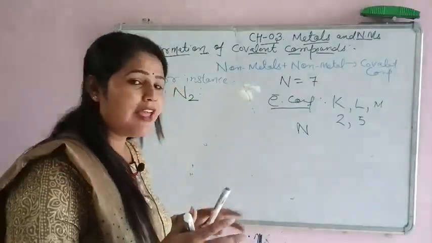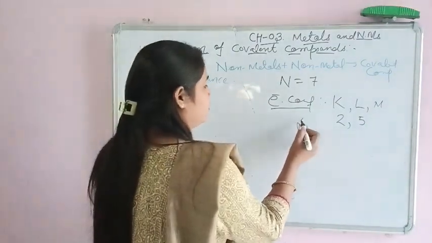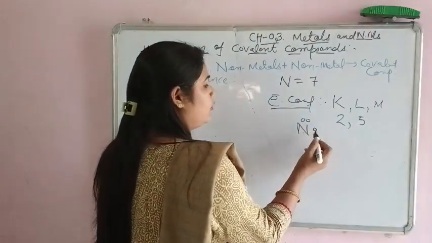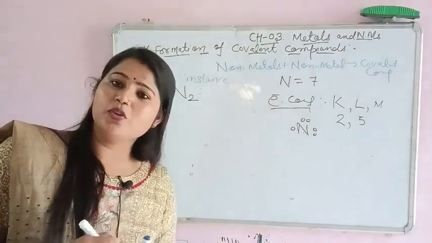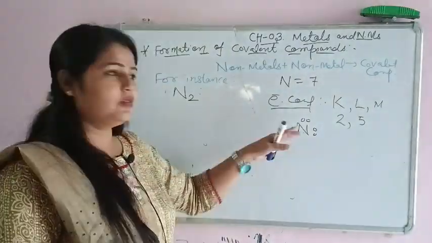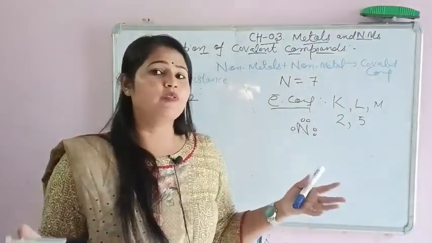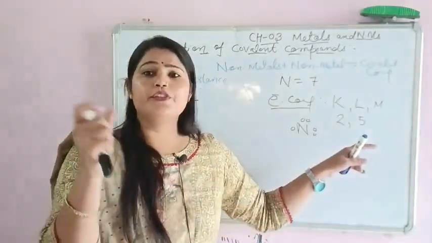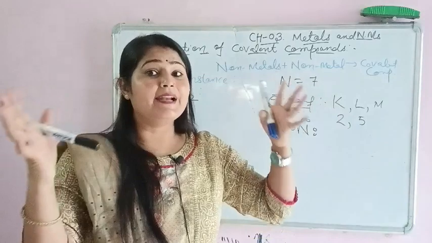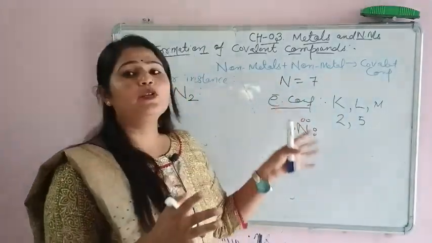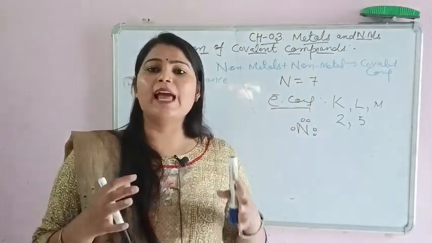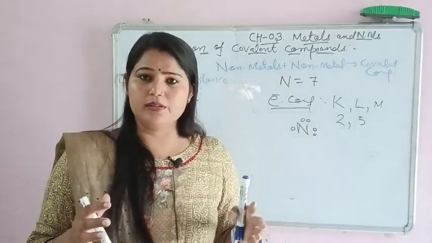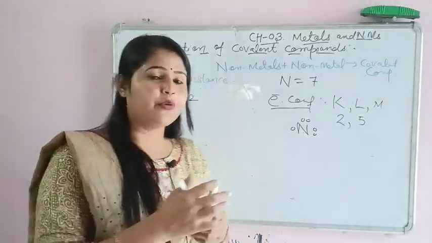We can make 2 pairs, 2, 4 and then 5. It depends on you where you put the electrons in the form of dots. By showing this, we can identify that the nitrogen atom requires 3 electrons to complete its stability and to complete its octet rule.